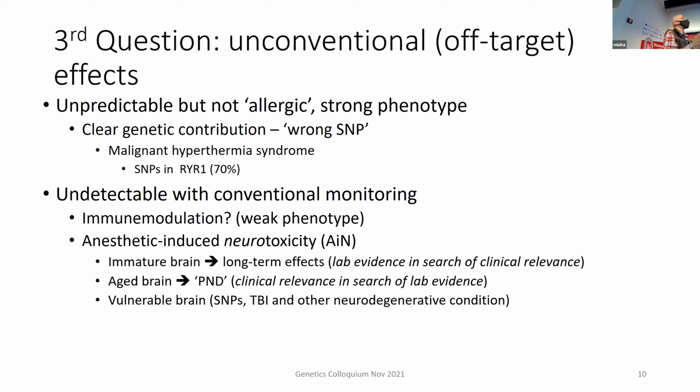Then TBI, traumatic brain injury, and I will show you an example. Traumatic brain injury also does something to the brain, which changes the brain's interaction with anesthetics. And then there are probably also other neurodegenerative disorders, but I haven't studied them, and other people have not studied them under conditions which would really be capable of isolating the effects of anesthetics.